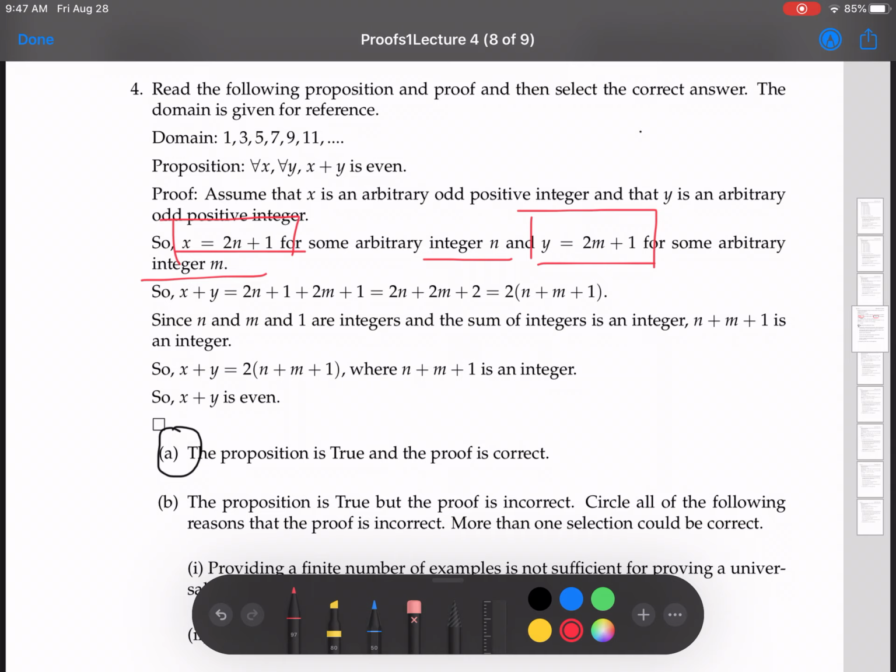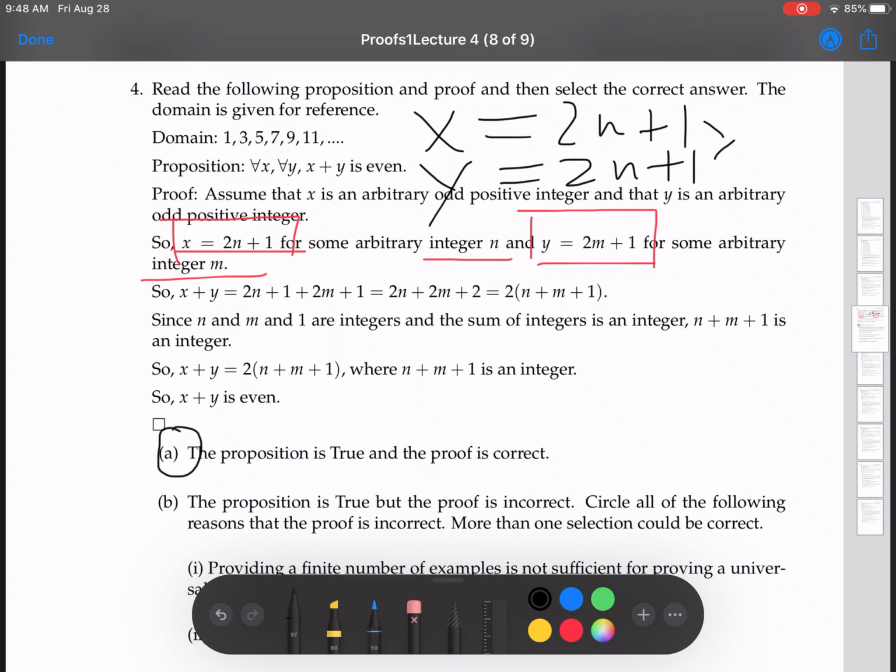Think about this: if X equals 2n plus 1 and Y equals 2n plus 1, well, that means that X equals Y.